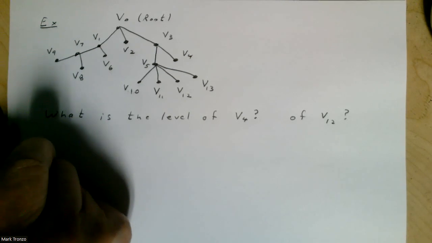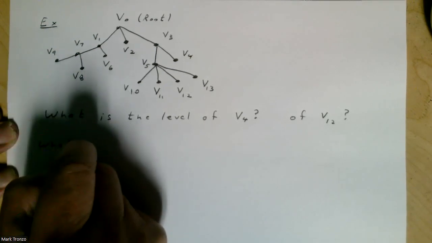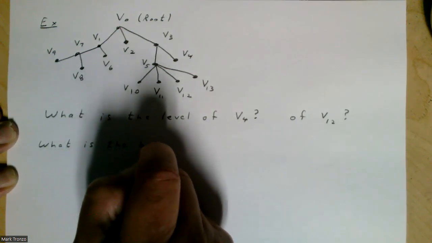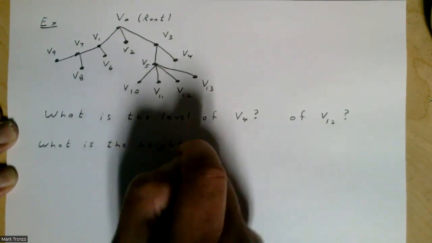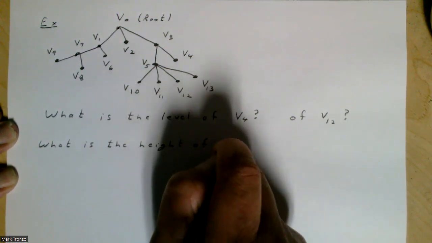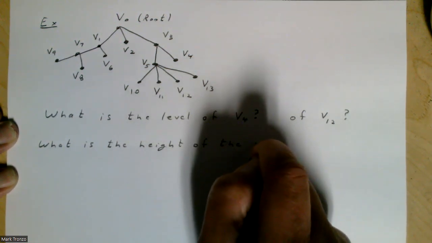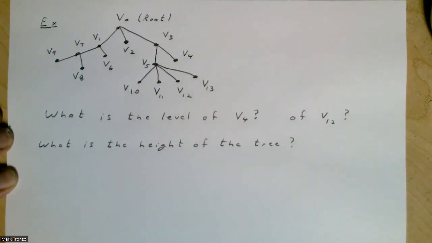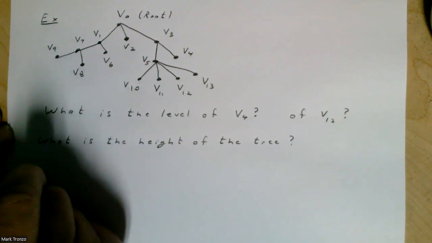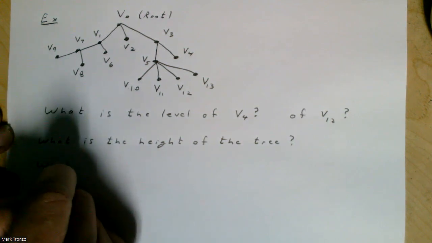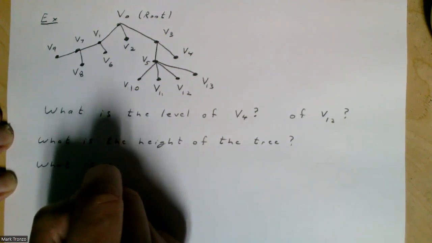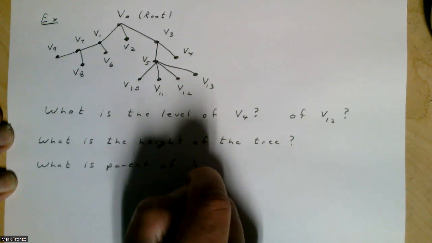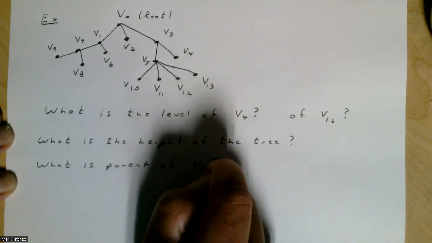And what is the height of the tree? What is the parent of V5?